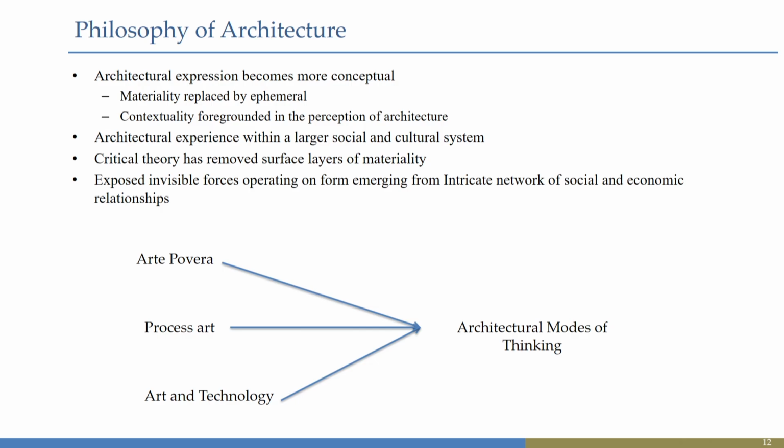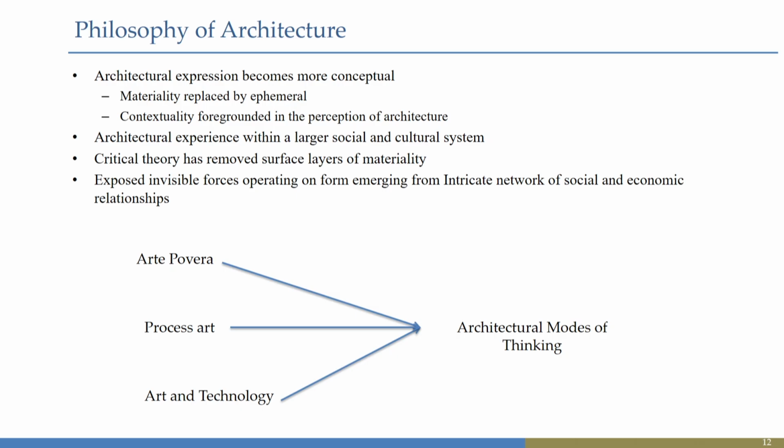So, we can come and make a summary of it: architectural modes of thinking broadly now have three streams. One is arte povera, which is art for the poor, which means that it does not require a lot of money. It can be vernacular architecture, it can be not very expensive, not something that has to have huge resources of government or philanthropy.